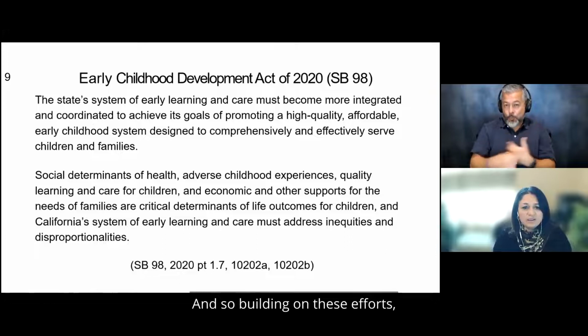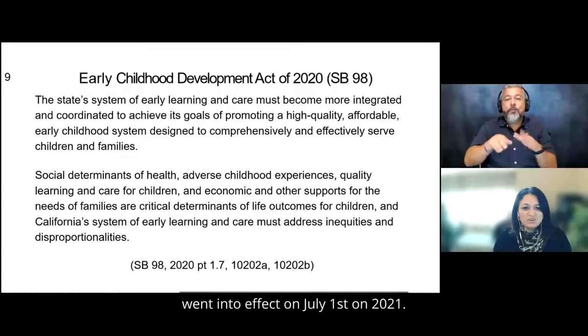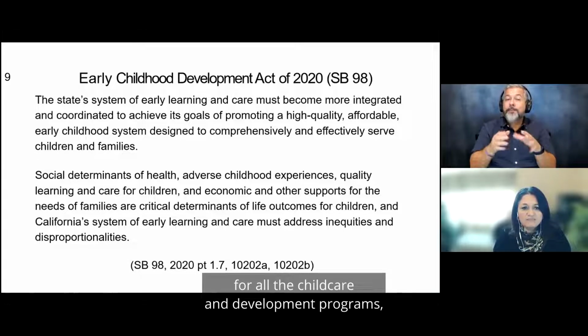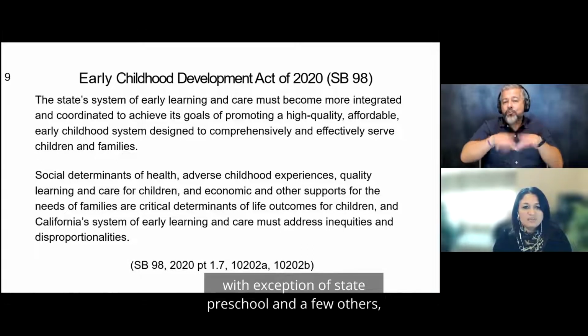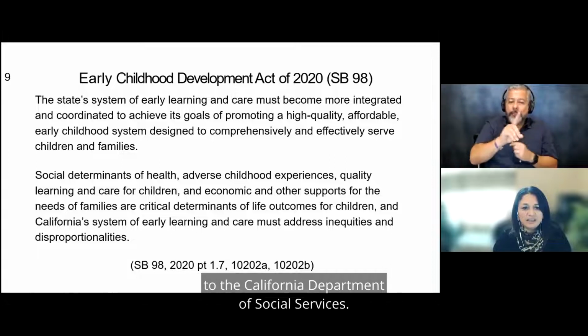Building on these efforts, the Early Childhood Development Act of 2020 went into effect on July 1st, 2021. This provides the vehicle for all the child care and development programs, with the exception of state preschool and a few others, to transfer from the Department of Education, which is CDE, to the California Department of Social Services.